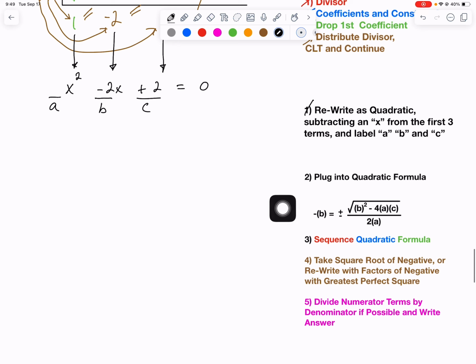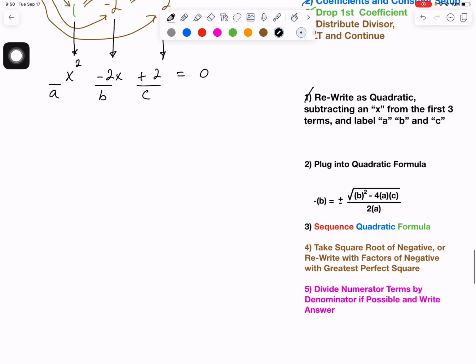All right, step 2, plug into the quadratic formula. Well, here is the quadratic formula. Actually, let me put x equals negative. Our b value is negative 2. Close it.